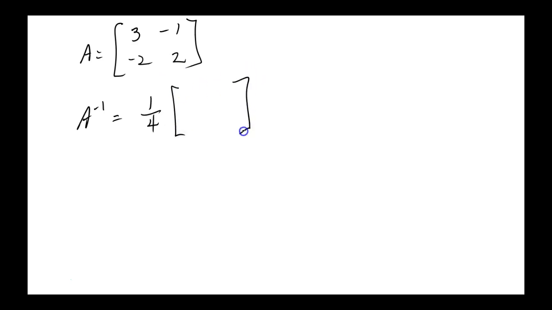And then what will be the matrix you multiply that by? Do the main diagonal first: 2, 3. Now do the other diagonal. No, you negate it.